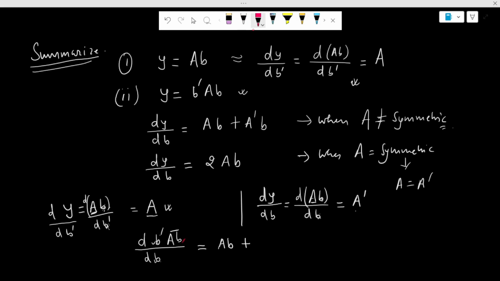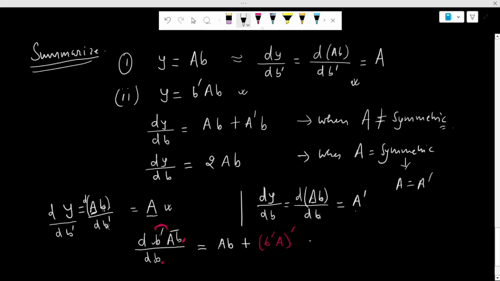Now let us consider this b is our variable, therefore beta transpose A is going to act as a constant. Now if we compare beta in the numerator and the beta in the denominator, they have the same order. So in that case, we take the transpose of either the pre-multiplication or the post-multiplication term. So here, according to our rule, we need to take the transpose of the pre-multiplication term.